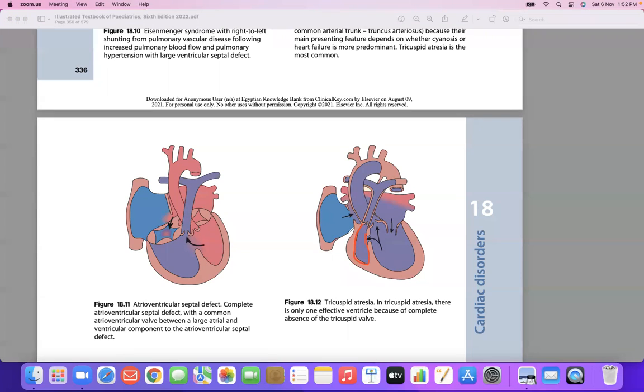So here you see, we don't see the tricuspid valve at all. This is the right atrium, which is separate here. There is no connection between right atrium and ventricle as tricuspid valve. Directly the right ventricle, which is very small, is connecting to the pulmonary artery here.